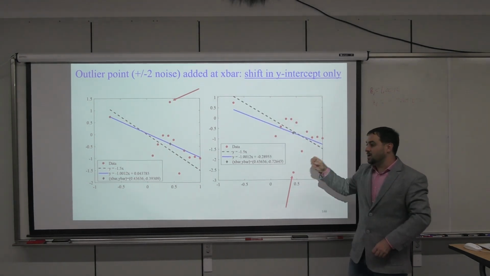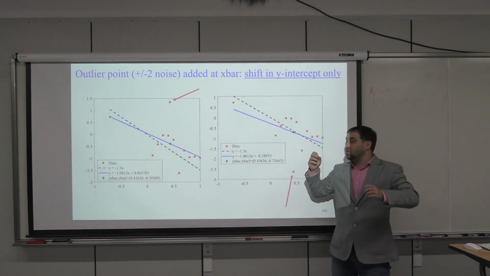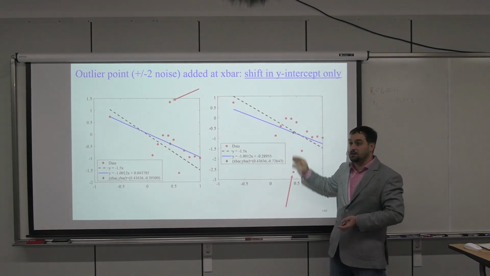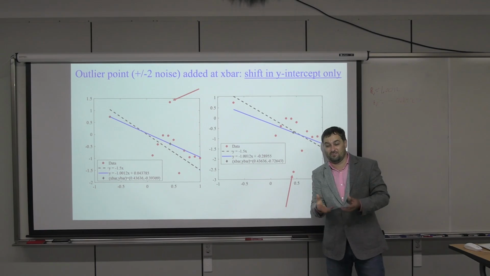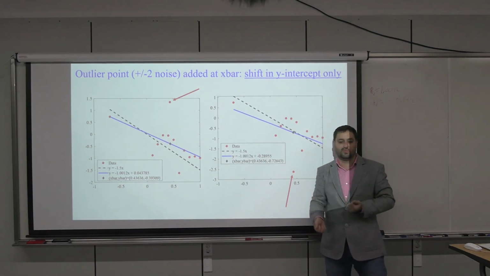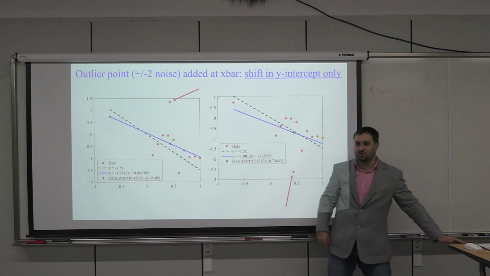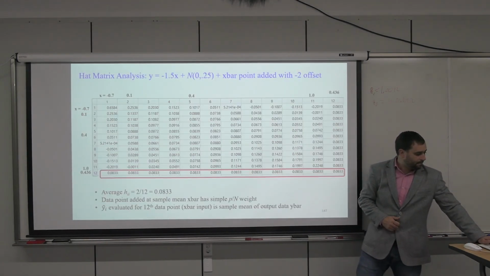What's interesting is you can have even an extreme outlier, but if it's near the actual sample mean, it'll have minimal influence on the actual regression fit, only as much as it influences the value of the y bar.